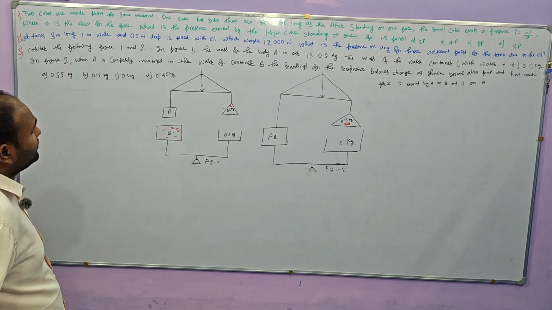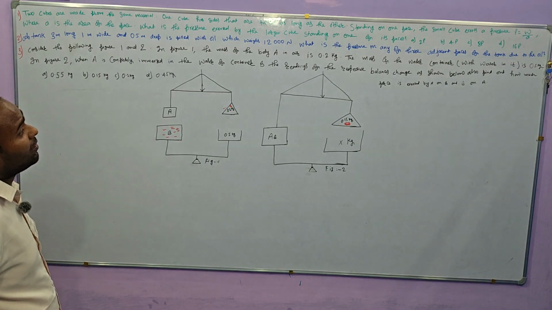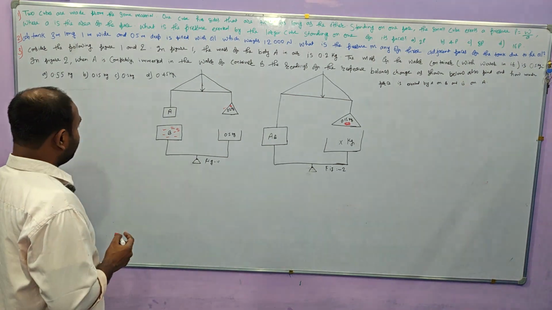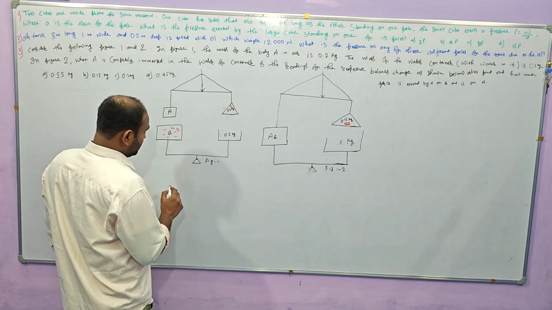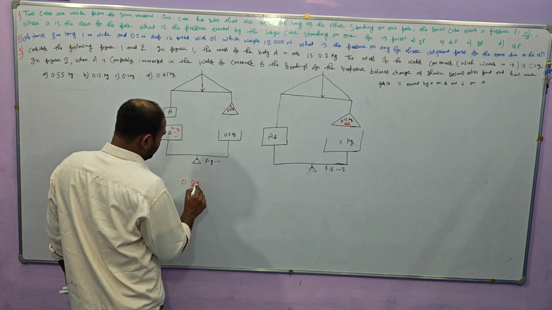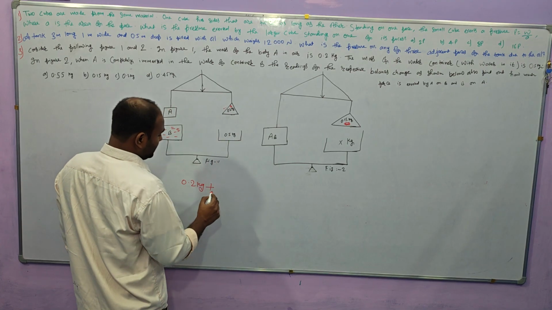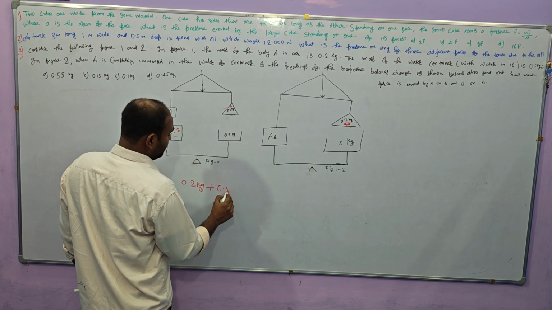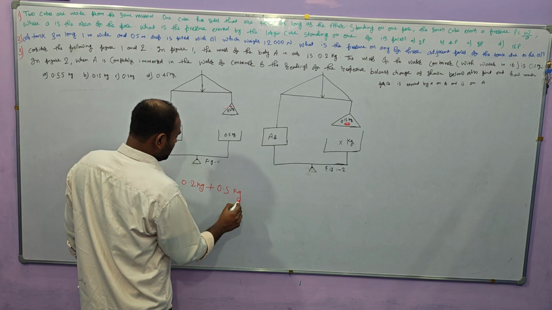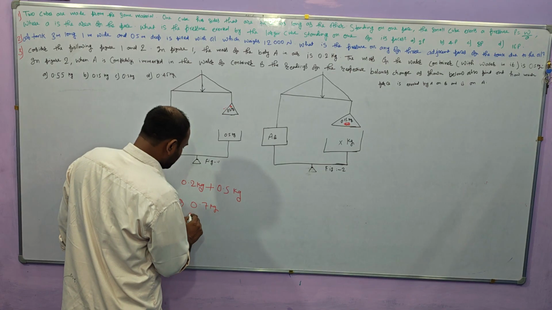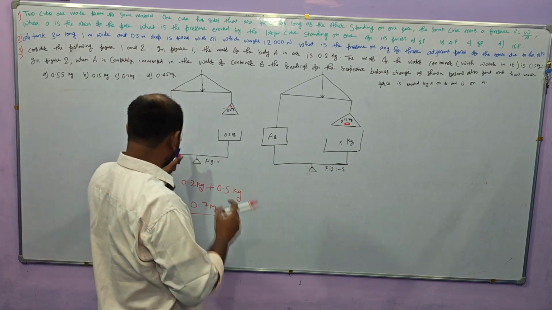So we know, firstly we have 0.2 kg plus water 0.5 kg, that becomes 0.7 kg.